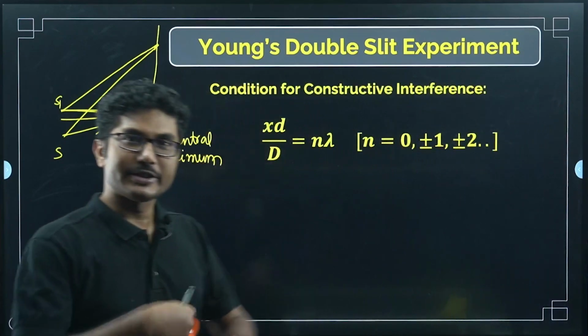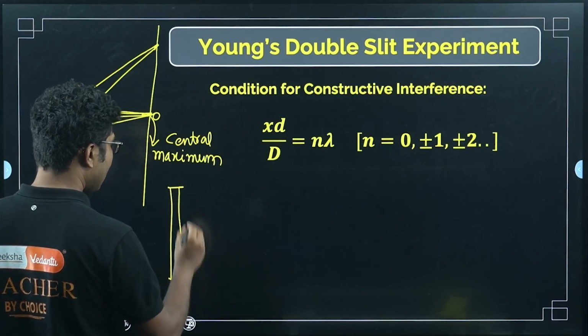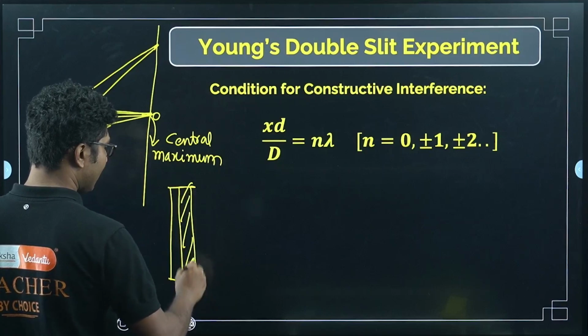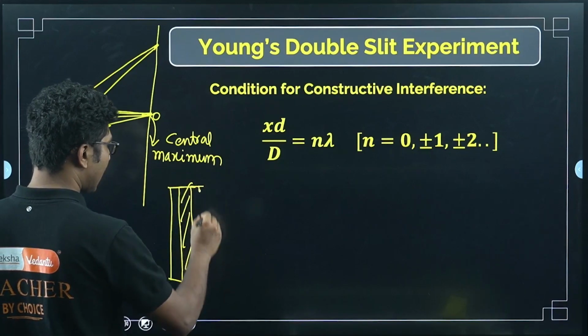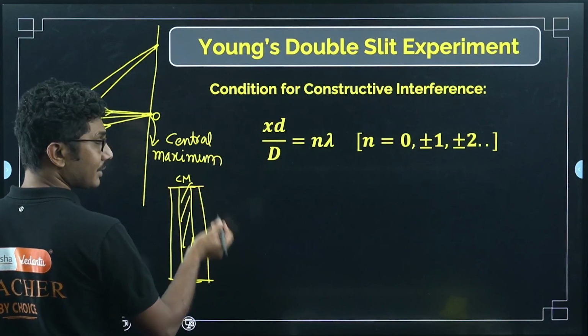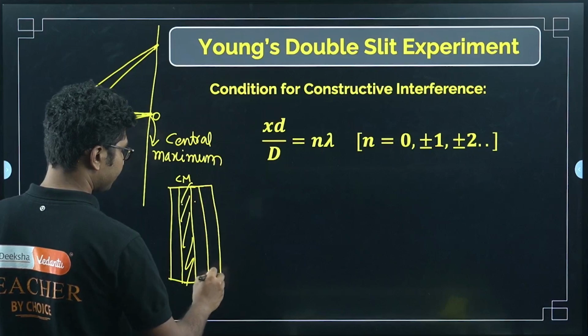Band means friendship band, as you have seen. Similarly here you will obtain one dark band, then one bright band. I am representing a bright band with a cross and a dark band like this. Suppose this is my central maxima. On both sides of the central maximum you will obtain one dark band, one white band.